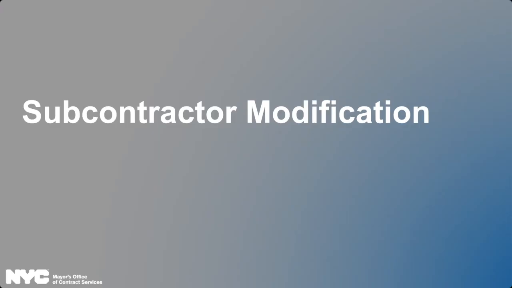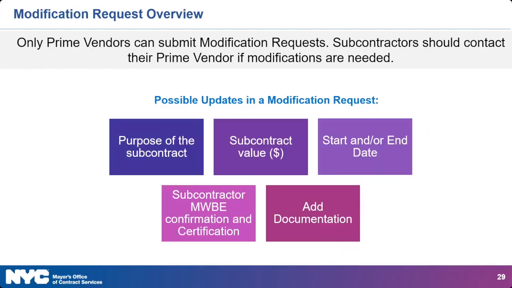When a subcontractor needs to be updated, the prime vendor must submit a modification request. Modifications can be used to update the purpose of the subcontract value, the start or end date, the subcontractor's New York City MWBE's confirmation and certification, and it can be used to add additional documentation.